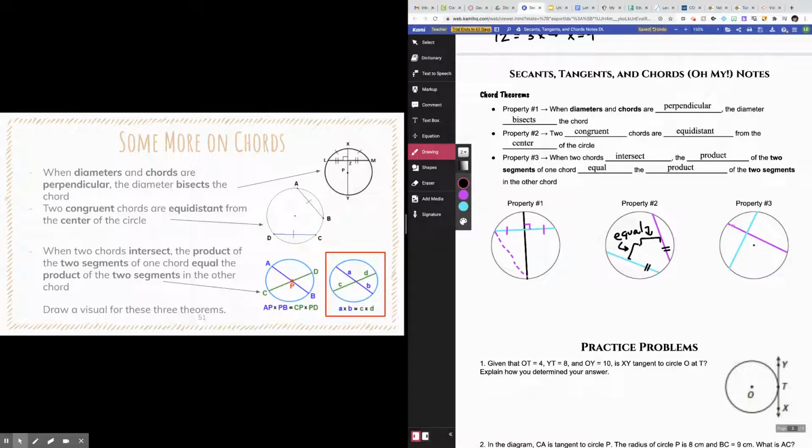And I have certain lengths, right? So I'm going to call this part of the purple one A, and this part B. Actually, I really should be writing these in a different color. One second, let's switch my color here. So this part here on the left for purple, I'm calling A. This part on the right for purple, I'm calling B. And then for the blue chord, I'm calling this part in the bottom left C, and this part in the top right D. What this rule says is that if you multiply A and B together, so multiply the parts, it has to be equal to the product of the same thing with the other chord.